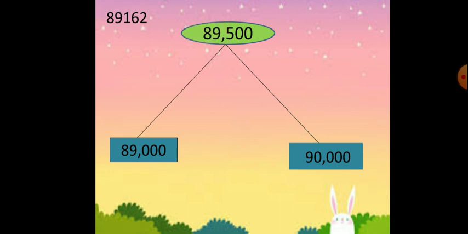Mid number is 89,500 and our question is 89,162. So if we see from the hundreds place, 89,162 is smaller than 89,500. So it will round down towards 89,000. So the answer is 89,000.